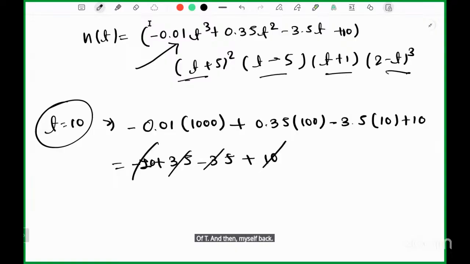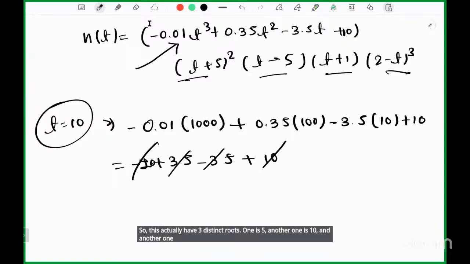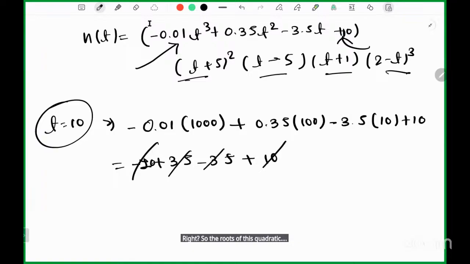This actually has three distinct roots: one is 5, another is 10, and another is 20. So the roots of this polynomial are 5, 10, and 20.